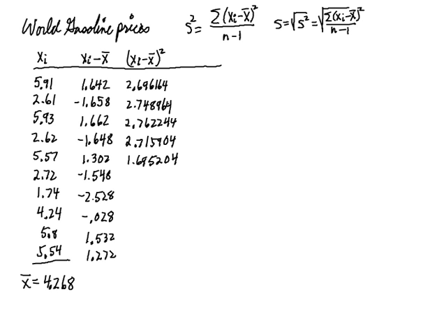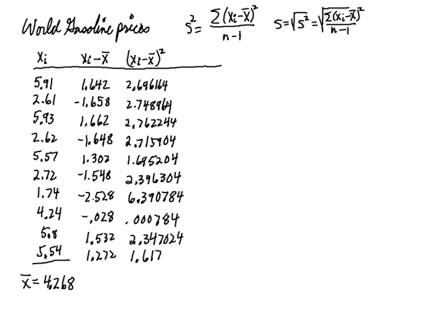Negative 1.548 squared is 2.396304. Negative 2.528 squared, 6.390784. Then we have 0.000784 and 2.347024, and then lastly 1.617984.